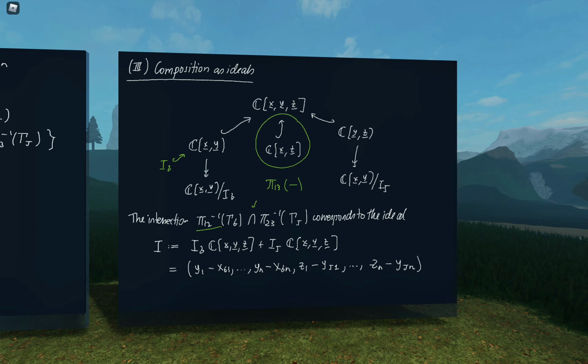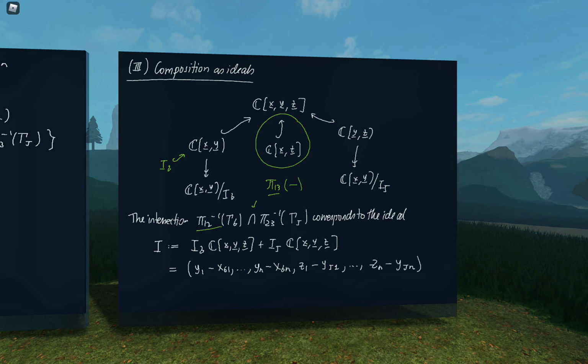Taking pullbacks is simple. Taking images is where all the content of geometry is in some sense. So there's no straightforward answer to what it means to take the image under pi13. In this case, however, it is straightforward, and I'll explain how to understand that, but in a general context, using elimination theory.